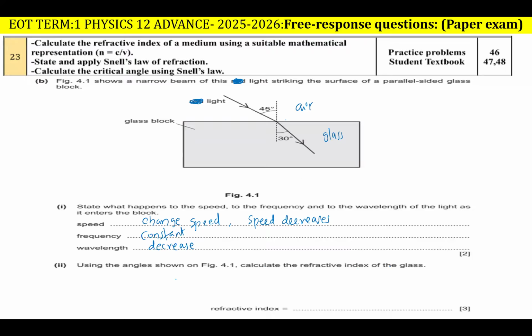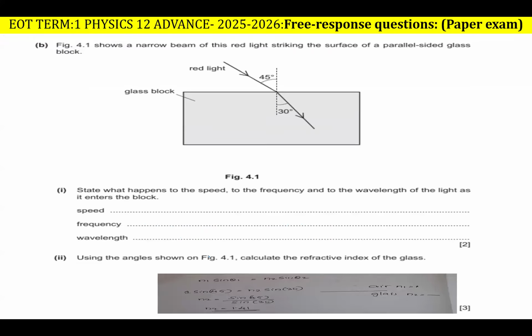Here we can use the formula n1 sine theta 1 equals n2 sine theta 2. The first medium is air, so the refractive index n1 is equal to 1. When you substitute in this one, we get the refractive index of 1.41.